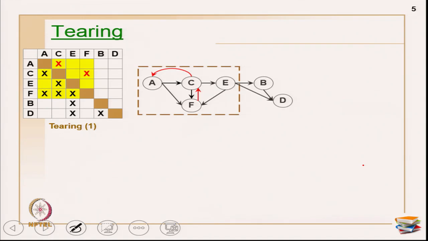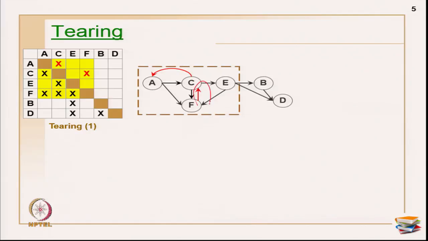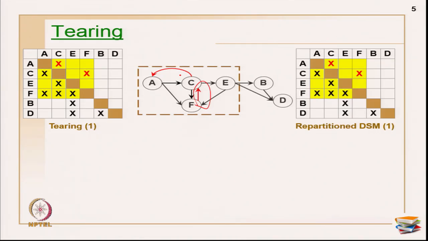Okay. Now, what happens, as I told you earlier, every time you choose a set of feedback marks. I have chosen the common one from the earlier case, which actually breaks down three of my cycles. So, among these two options, one option I will show you, the other option also I will show you, and you have to do the repartitioning process again. In this case, the block remains the same, the sequence for the block is still ACEF and then BD.